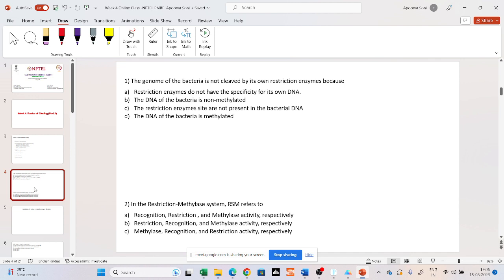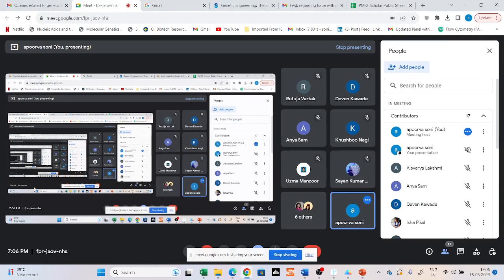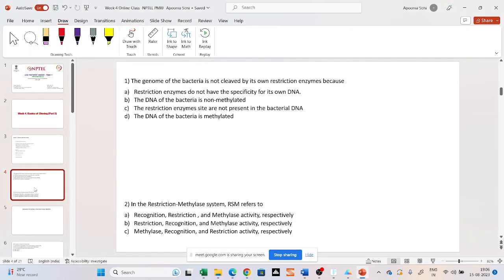What is the correct answer of question number 1? Anybody who wants to try? Why is the genome of the bacteria not cleaved by its own restriction enzymes? Nobody knows the answer?